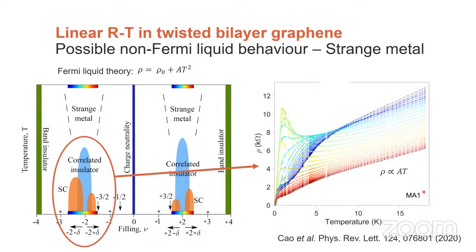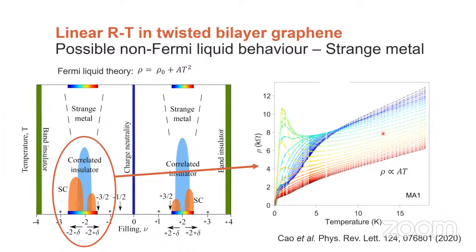This was a PRL earlier this year, in which, in the superconducting regime just over here, when you look at the temperature dependence of resistance, there's a very strong linear temperature dependence, which is observed even in bulk high Tc superconductors as well.